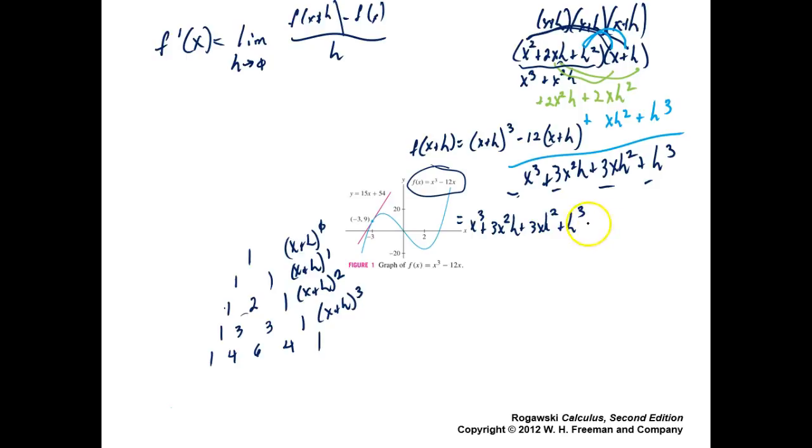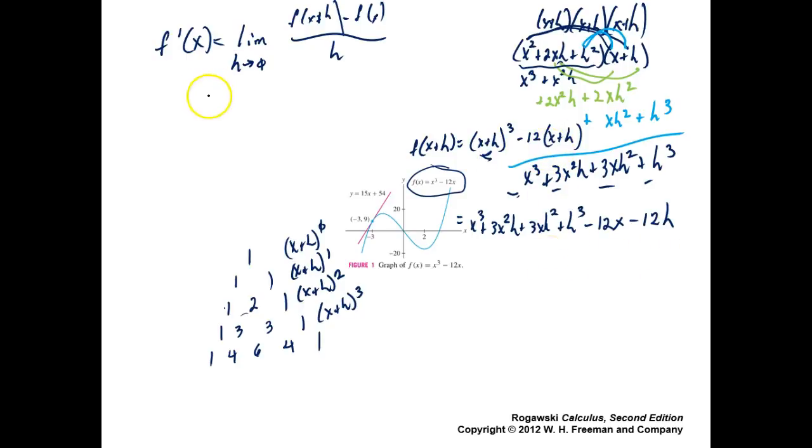That's the first part, minus 12x minus 12h, right? There's your alpha of x plus h. You buy that? What we did was just this part, but then we still had this part to add to it.